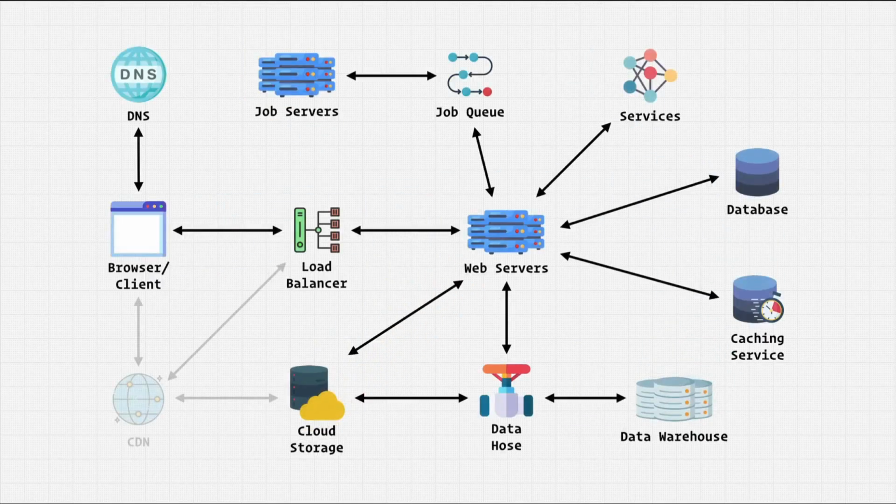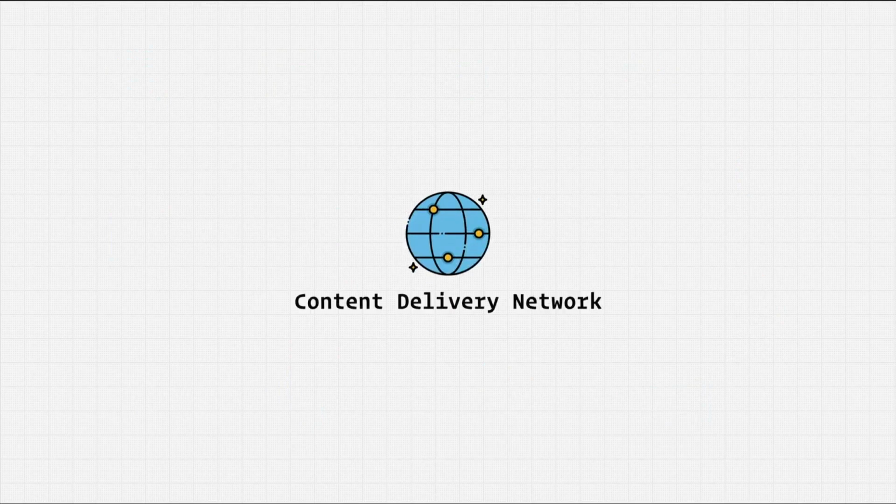So now that we understand cloud storage, this kind of links to our last topic, which is the CDN. Now, the CDN stands for Content Delivery Network. And the purpose of a content delivery network is so that it makes it much more performant for us to deliver the content of our website to many different users all around the world.